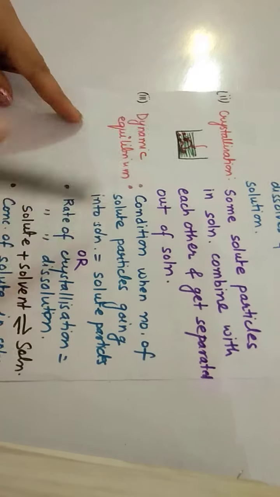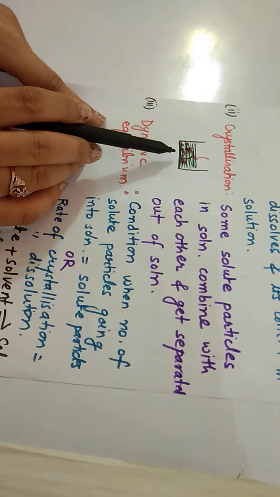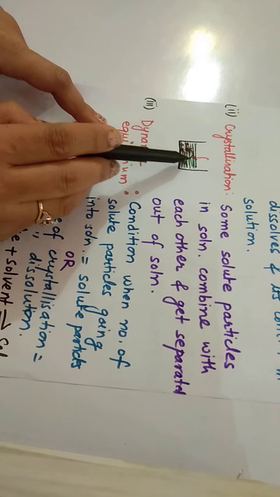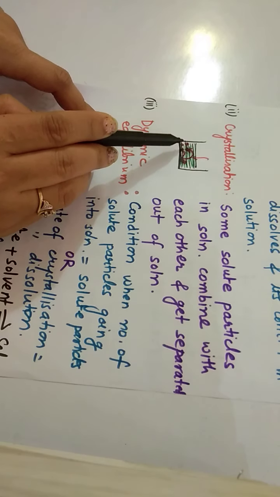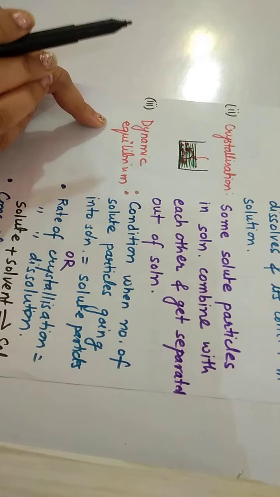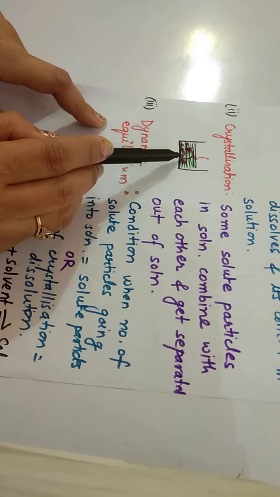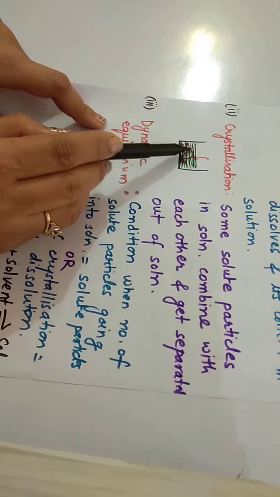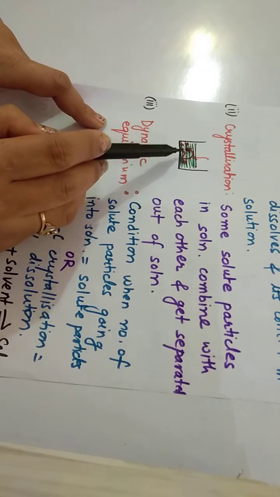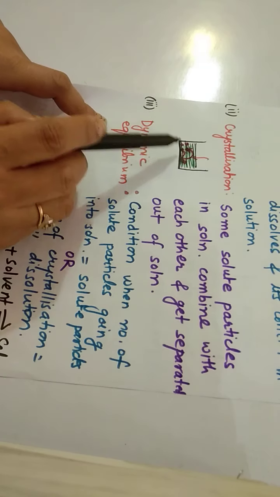In this state, the concentration of the solute in the solution remains constant, because an equal number of solute particles form crystals and an equal number of solute particles move into the solution. If two sugar particles are coming out of the solution, then two sugar particles are moving into the solution.